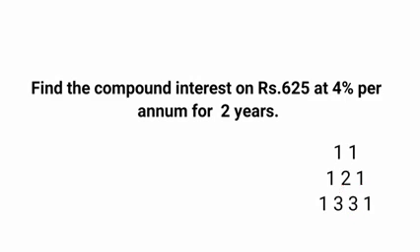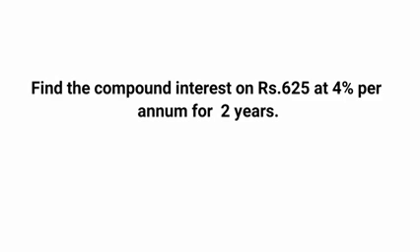Now, how to combine this Pascal's triangle to find out the compound interest? If you are asked to find out the compound interest for 2 years, you have to take the values in the second row, that is 1, 2, 1. If you are asked to find out the compound interest for 3 years, take the third row, that is 1, 3, 3, 1.